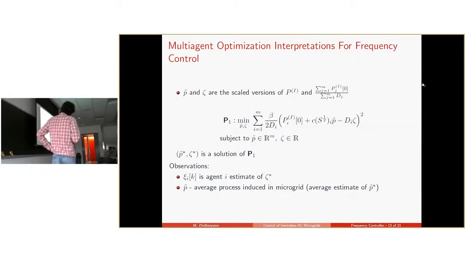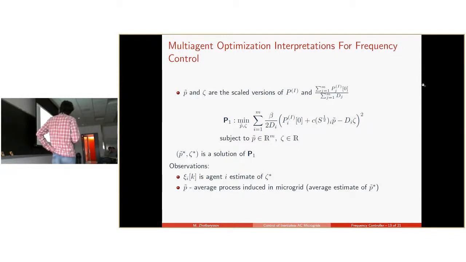Let's look at the multi-agent interpretations for frequency control. This is the same optimization problem that we had earlier, but rewritten in terms of different variables. These variables are just scaled versions of the injections, and this quantity, which again is total load plus losses, divided by the sum of the droop coefficients of the frequency controller.